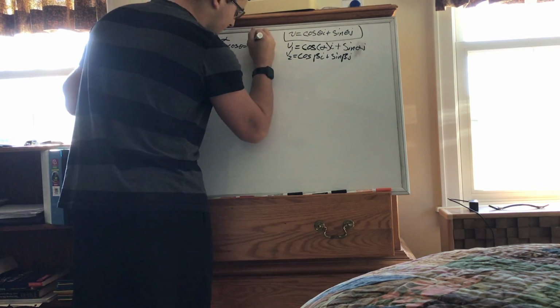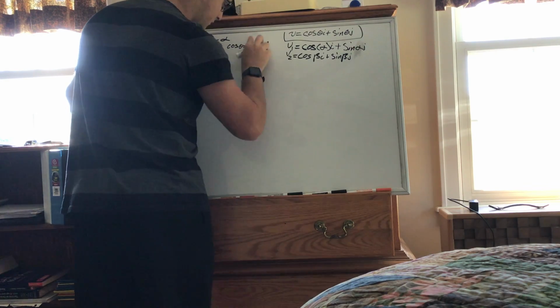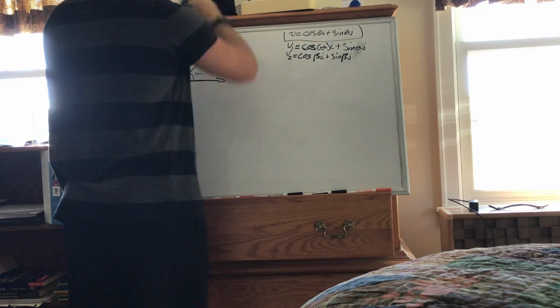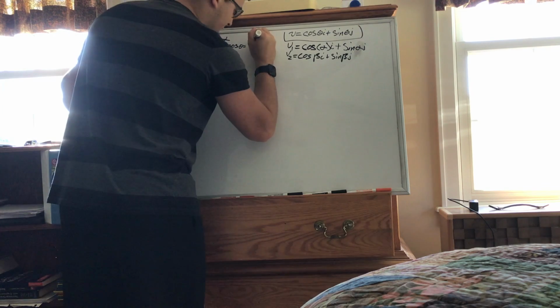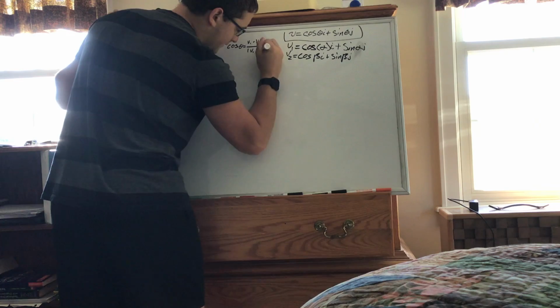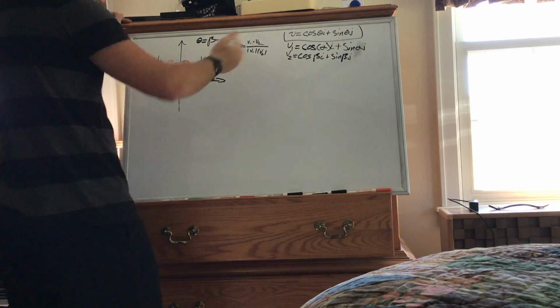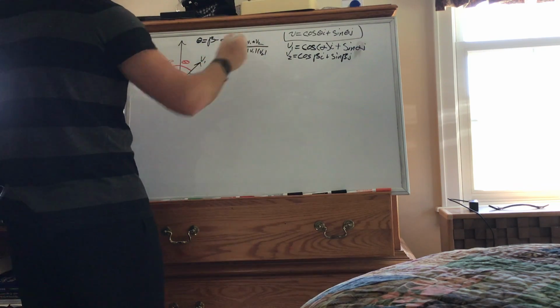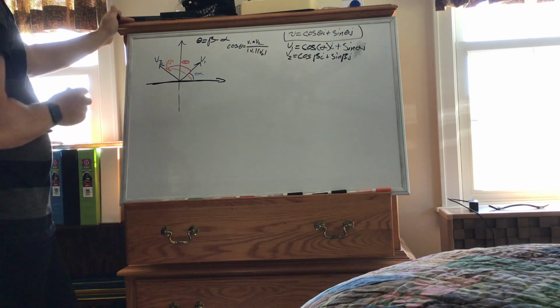So we have vector 1 dot product vector 2 over magnitude of vector 1 times magnitude of vector 2. So that's our formula.